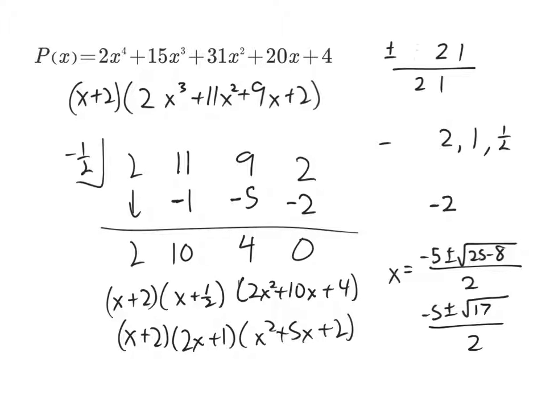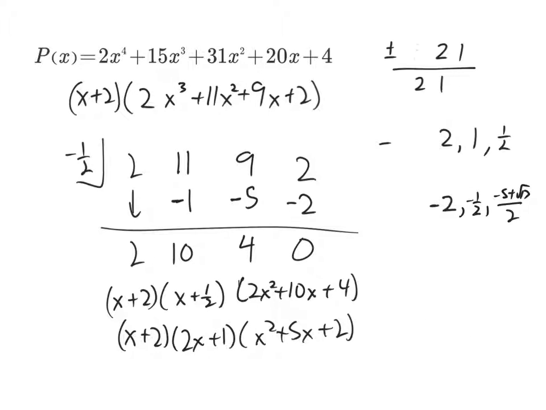So my zeros are negative 2, negative 1/2, negative 5 plus the square root of 17 over 2, and the last one is going to be negative 5 minus the square root of 17 over 2.